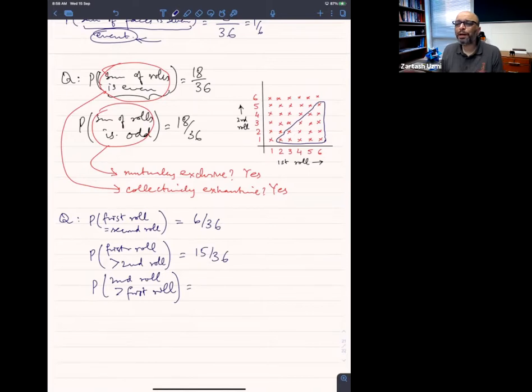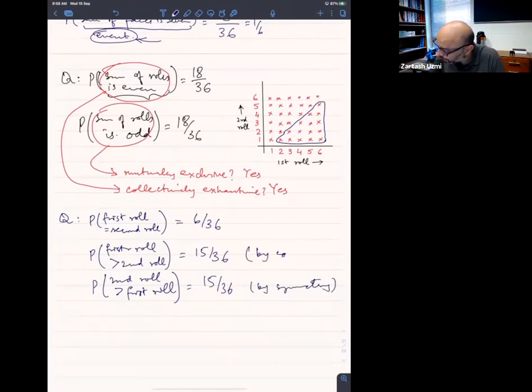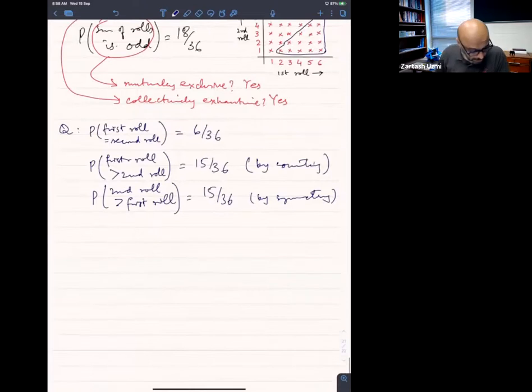There it would be unfair to say कि first roll greater than second roll की कुछ और probability है, second roll greater than first roll की कुछ और probability है. It should be exactly the same. By symmetry. Count करना चाहें कर सकते हैं. ये तो हमने count ही किया था. By counting, but you don't need to count again, and then you are done.